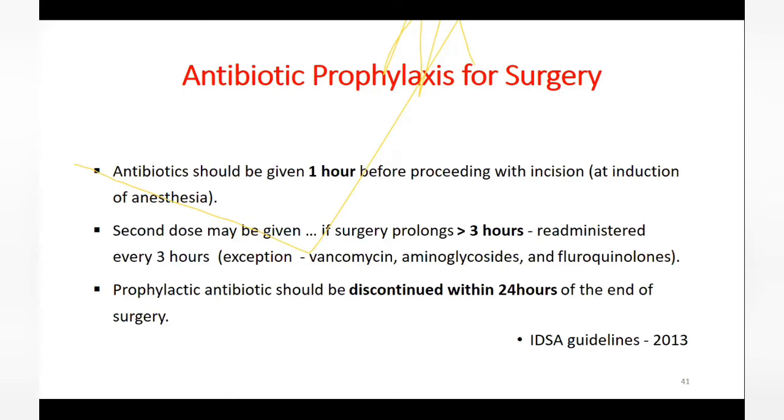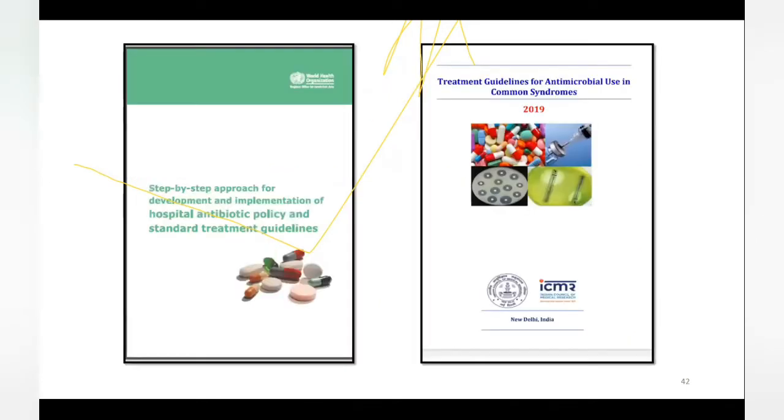See, when a surgery takes place, a fibrin clot develops immediately at the site of surgery. So there is no point in giving the antimicrobial after 3 hours or after 24 hours once the fibrin clot has developed at the surgical site, because the antimicrobial won't get entry into the surgical site, and unnecessarily there will be adverse effects or drug resistance.